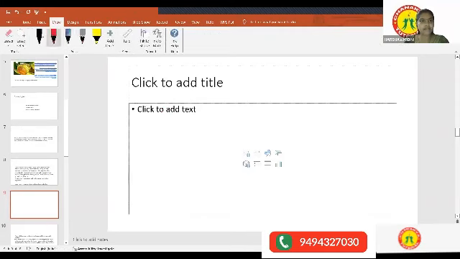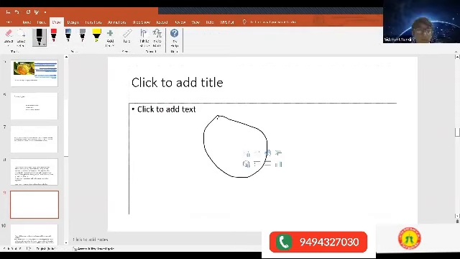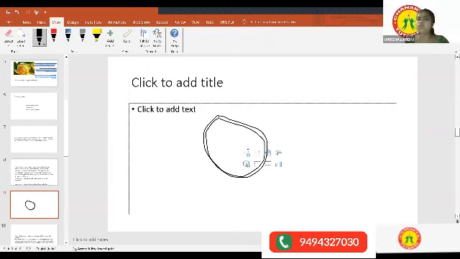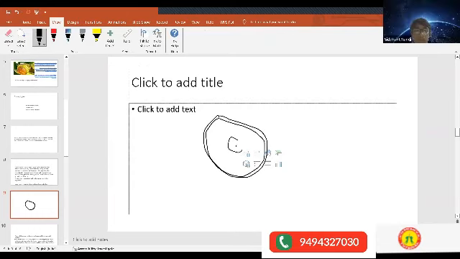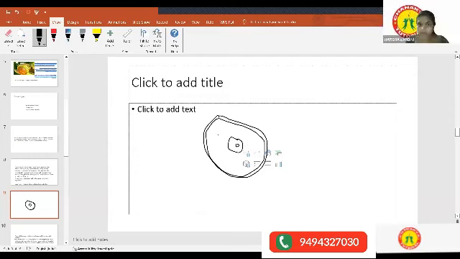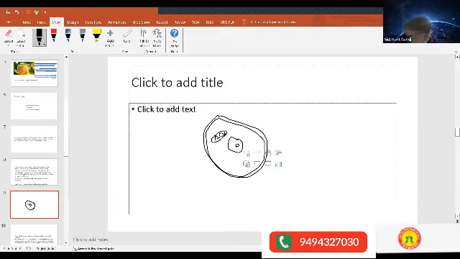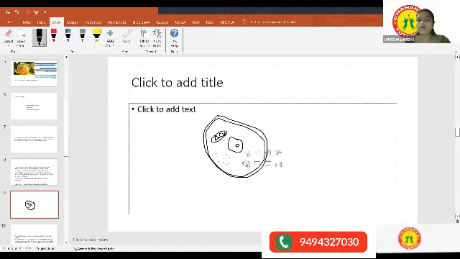We have a cell. Okay, this is a cell. Just take this as a cell, some irregular shaped unicellular organism. You have a nucleus. You have something called mitochondria. You will have ribosomes. And if it is a plant, you will have chloroplast also.